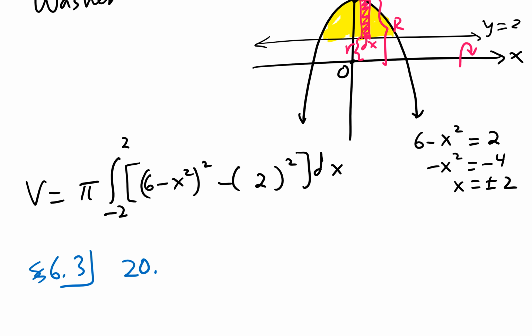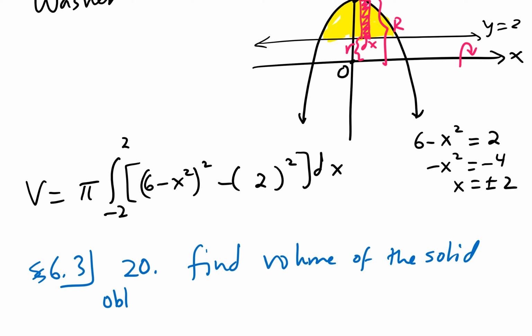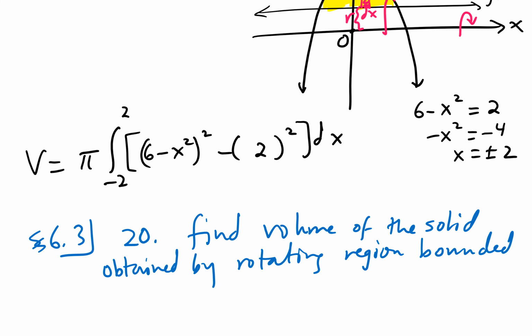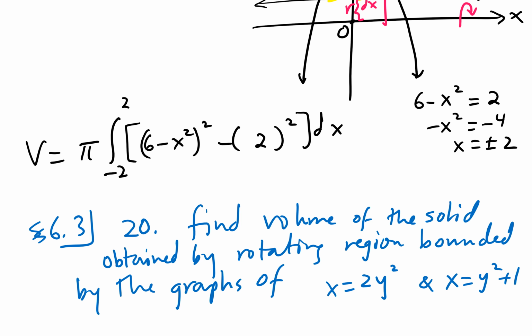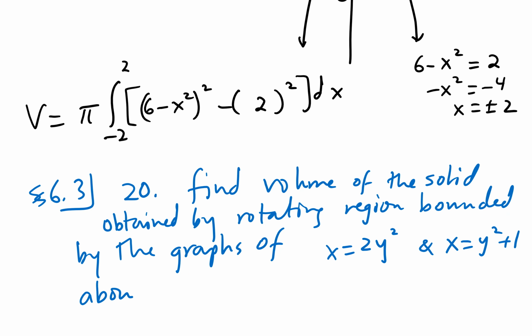The same thing, find the volume of the solid obtained by rotating the region bounded by the graphs of x equals 2y squared and x equals y squared plus 1 about y equals negative 2.